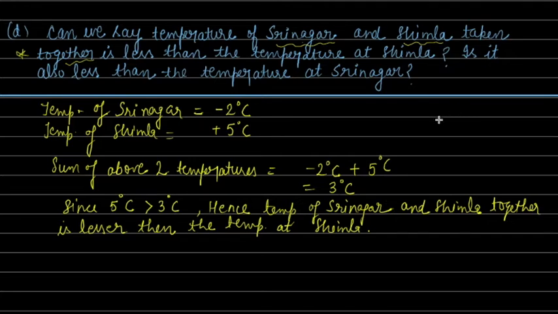Now in the second part of the same question it says, is it also less than the temperature at Srinagar? It means the sum which we have taken, which is coming out how much? 3 degrees Celsius. So now you see 3 degrees Celsius and -2 degrees Celsius, which is greater, of course. 3 degrees Celsius is greater than -2 degrees Celsius, right?